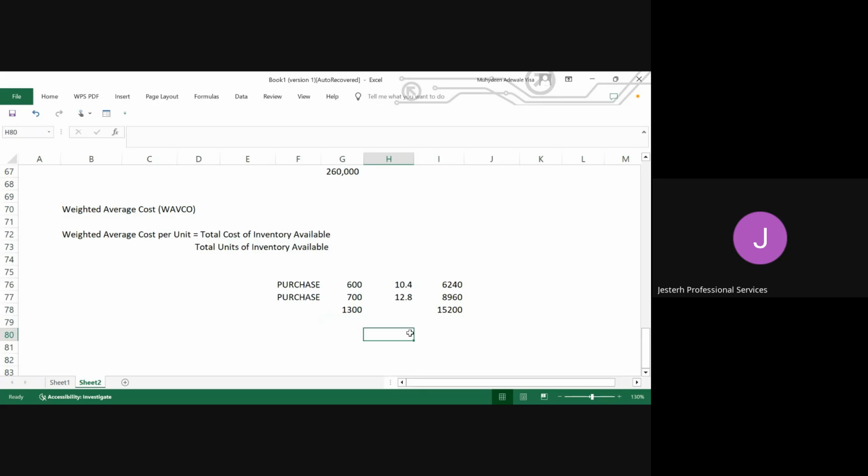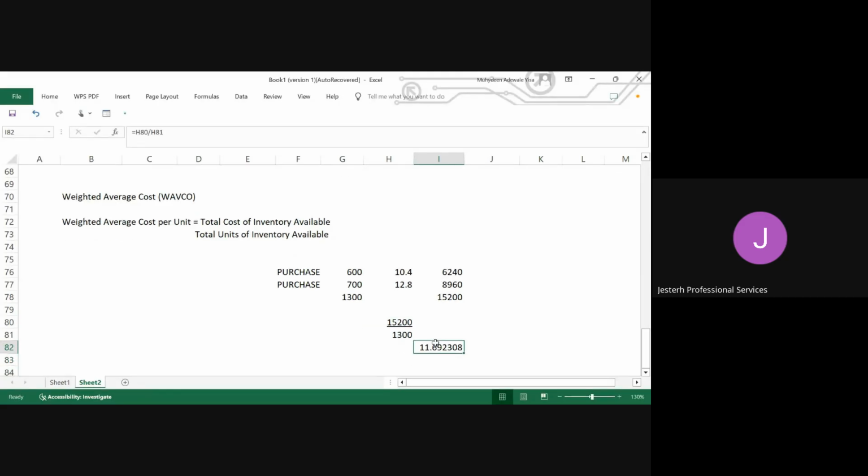What is our total cost of the inventory available? 15,200, divided by the total units of the inventory available. Our total units of inventory available now is 1,300. Now, for us to get the weighted average that we are going to use to issue out our products, it's going to be this divided by this.